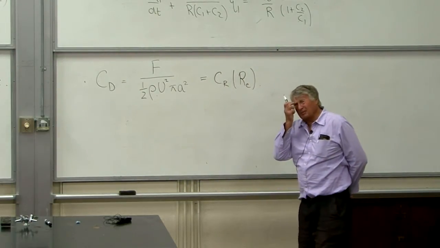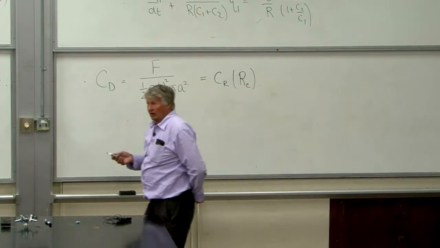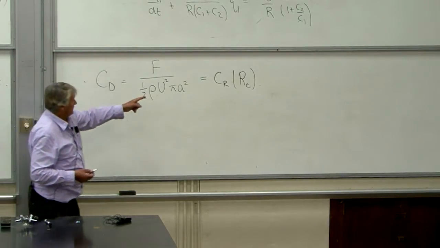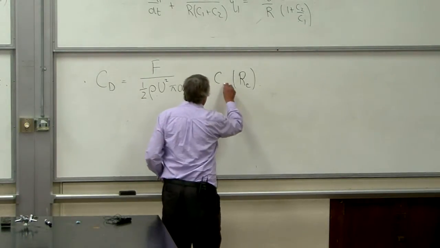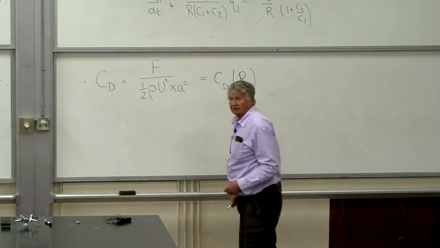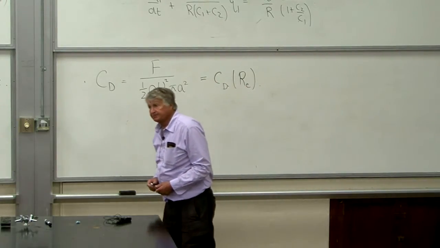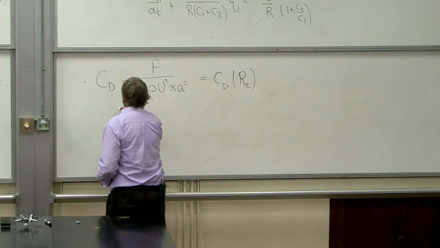And this is what's plotted. If you go to Google or any engineering textbook on fluid flow or any aerodynamic textbook, there'll be graphs plotting this drag coefficient versus the Reynolds number for various shapes. Roughly it looks like this.